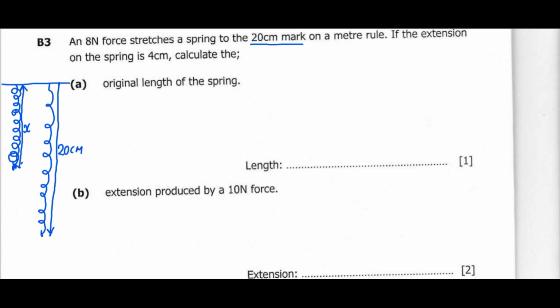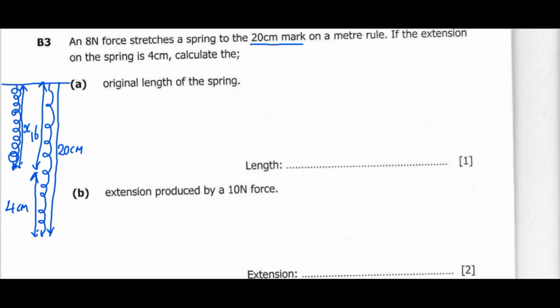Then the point is, we have been given the extension. So we want to see from these 20 centimeters, how much of it was the original. For us to have that, we need to subtract, because we know that the extended part of the spring was just 4 centimeters. This was the extended part, so the distance from here up to here is our original. So what can we do? We'll say 20 minus 4, we get 16.